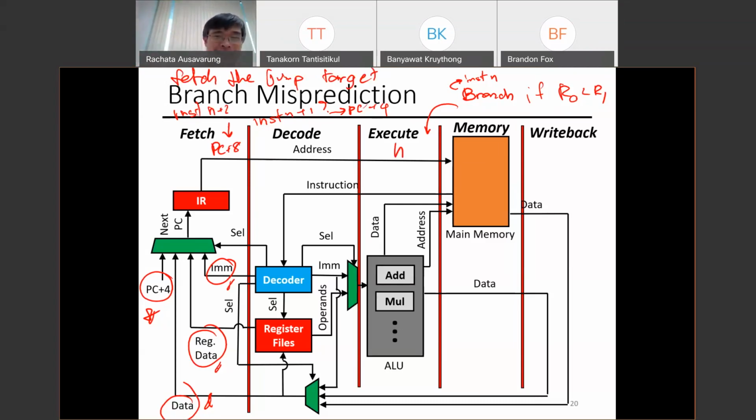It means I'm going to have to kill this instruction and this instruction. I am going to kill two instructions because that's the wrong path. So I need to kill those two and fetch the correct one. Do you understand what we're doing here? Any questions about this?